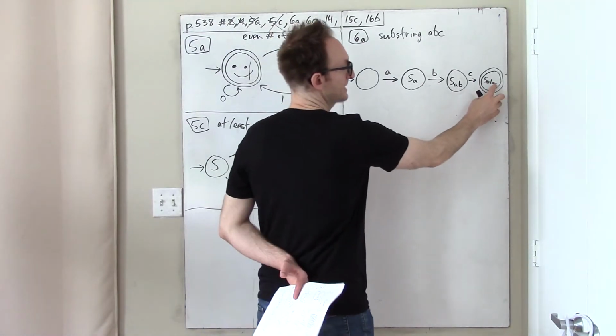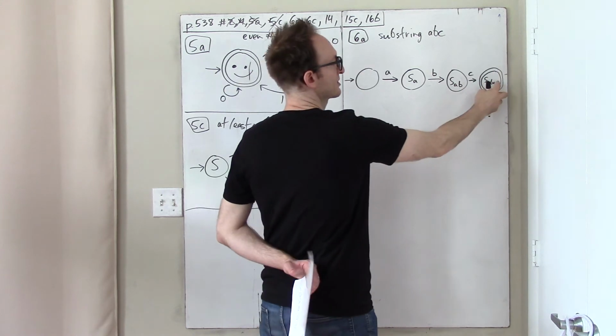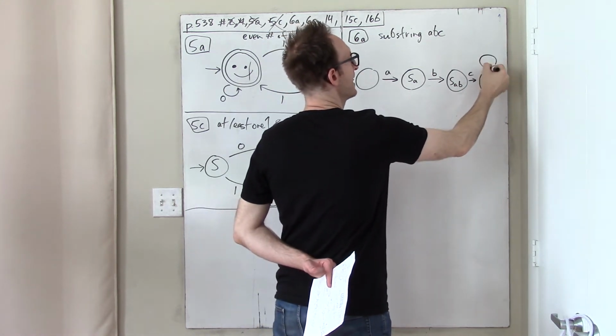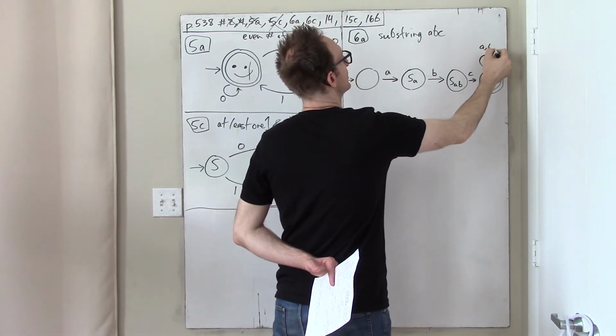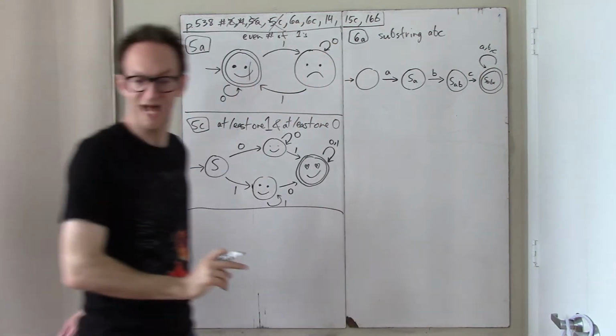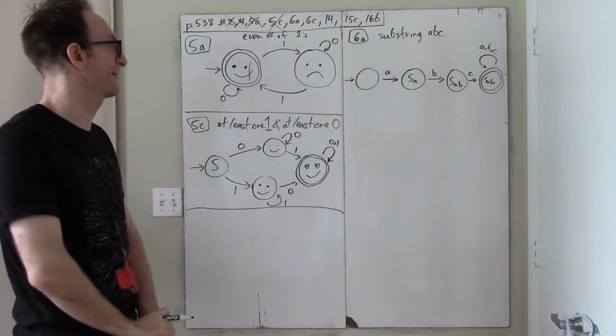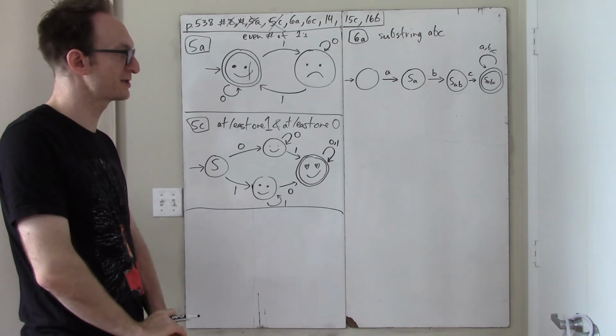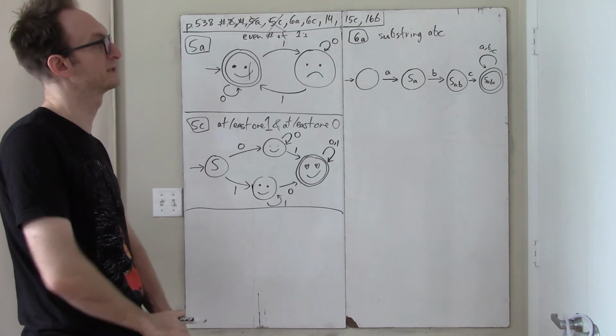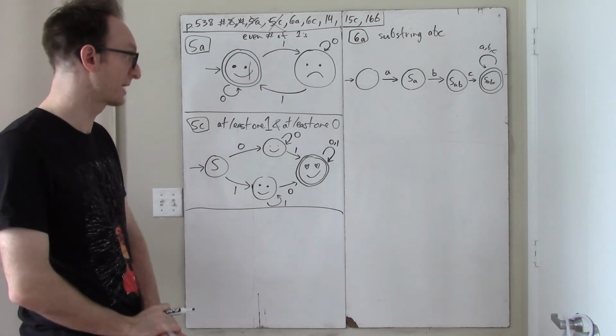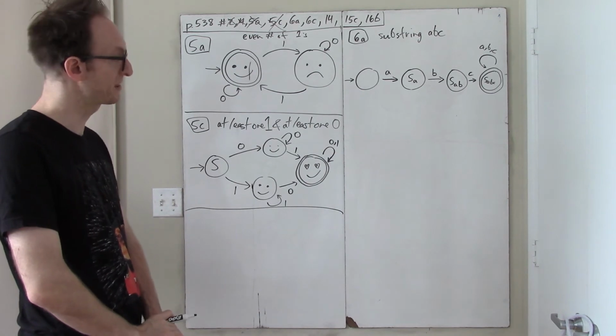And that should be an accept state, because I'm trying to recognize all strings with the substring ABC, and subsequent to reaching that state, all other characters are irrelevant because however the string ends, it doesn't matter. Once an ABC appears in it, then we accept that string. So this is sort of the path.